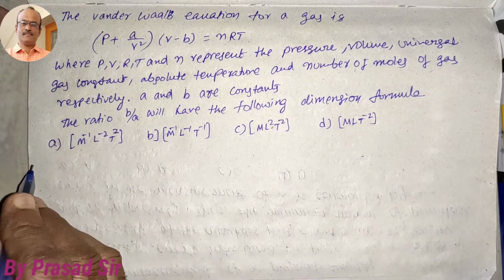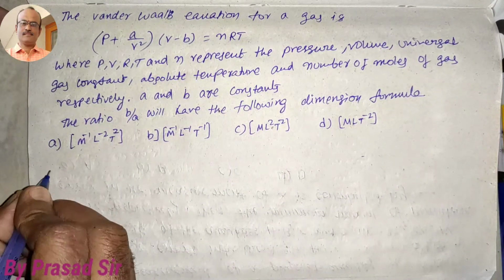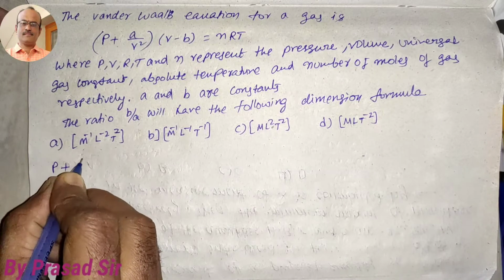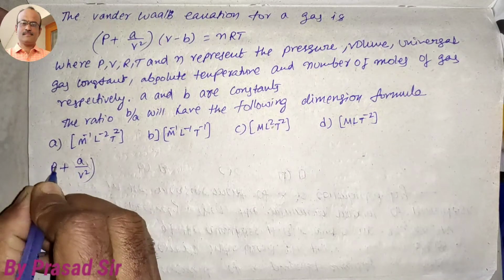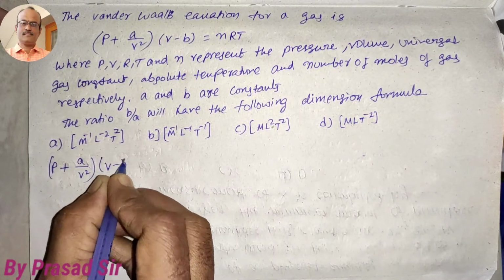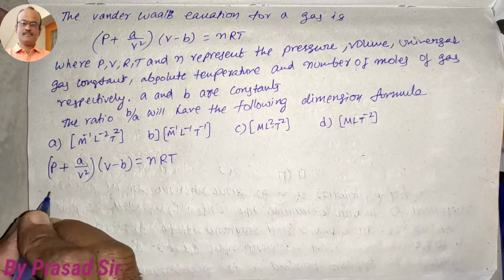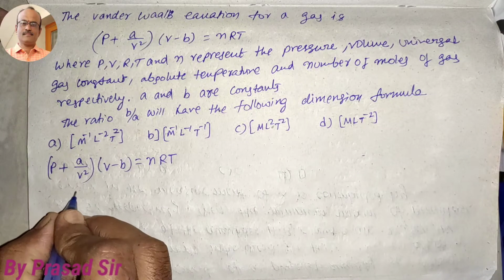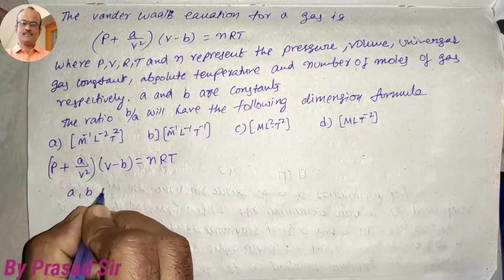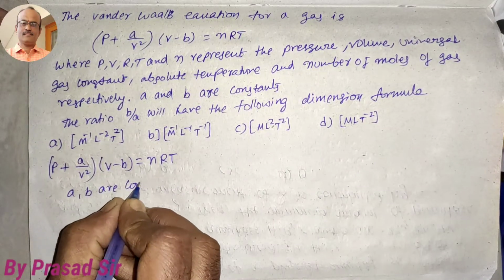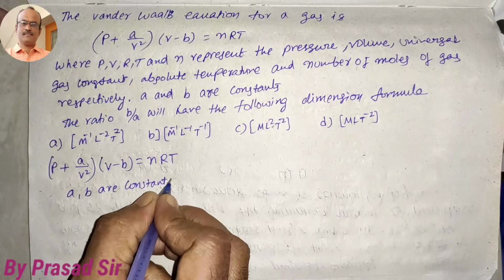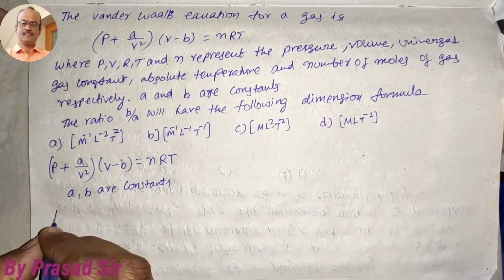So first of all, the van der Waals equation is given, that is (P + a/V²)(V − b) = nRT. But according to this, a and b are constants. So what happens here?